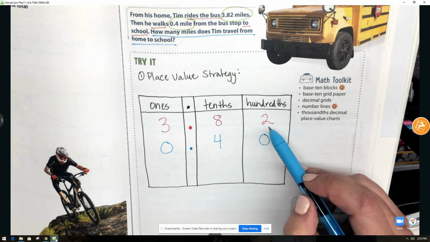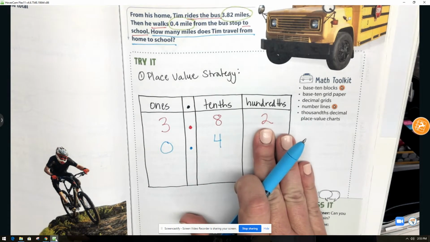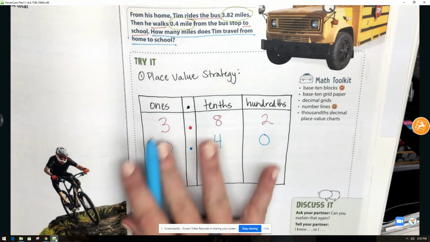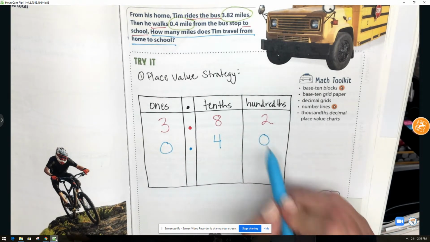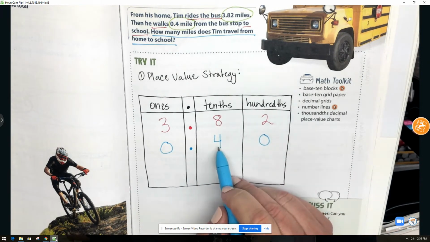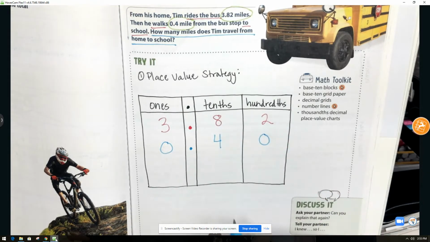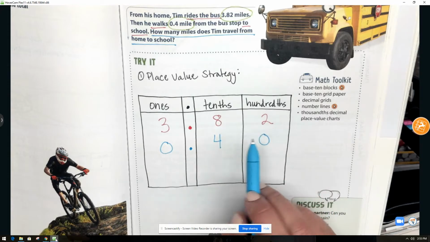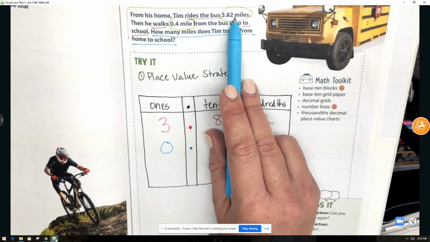Some of you will recognize that 2 plus 0 is 2, or 2 plus nothing would still be 2. But I want to leave it this way just so that you guys can see how this works. So I like to add that placeholder 0 because I know that 4/10 is the same as 40 hundredths. So now we have our first decimal, which is 3 and 82 hundredths miles.